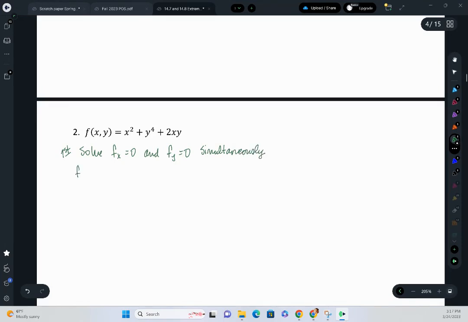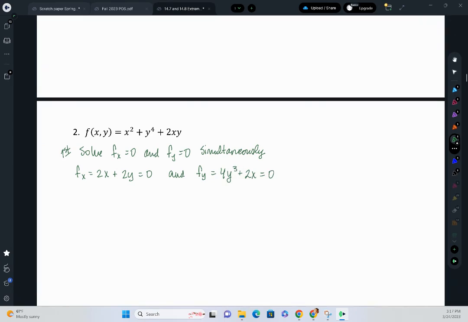So we first find those. F sub x is going to equal 2x plus 2y, and that's set equal to 0. And f sub y is going to equal 4y cubed plus 2x, and we'll set that equal to 0.